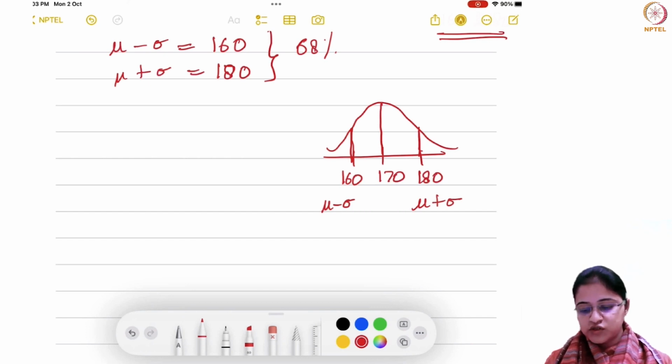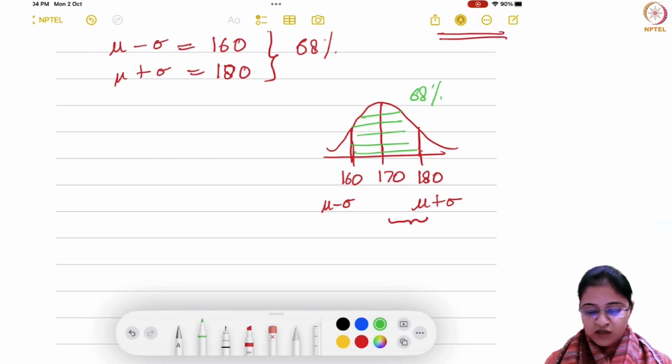Now, if you want to see what percentage lies between 170 and 180, what will you do? In that case, since it is a symmetric distribution, it will be equally distributed on both sides. So in between these you have 68% overall.